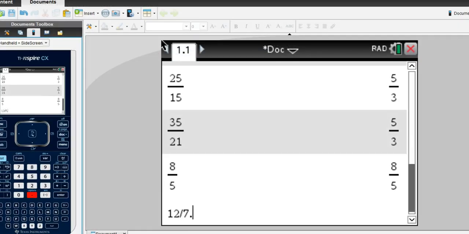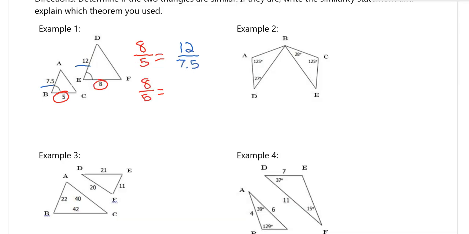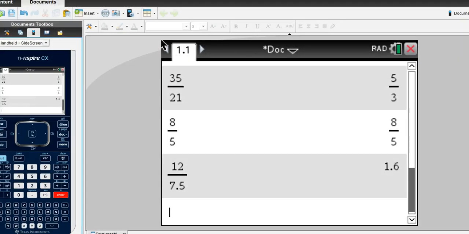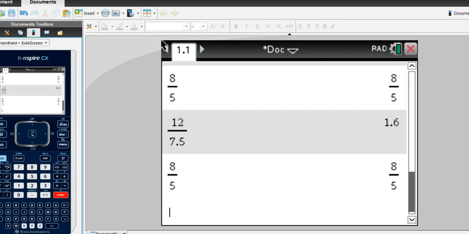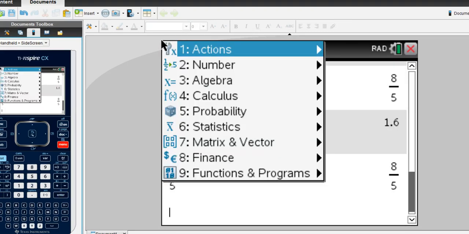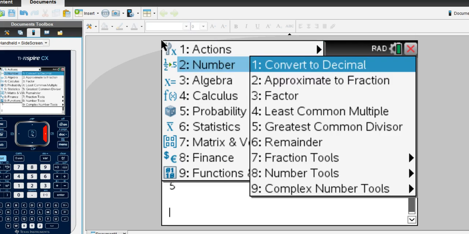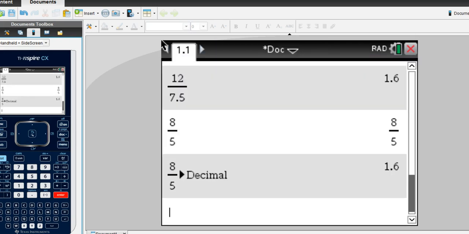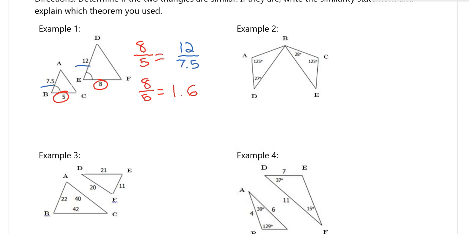Twelve divided by 7.5, I get 1.6. Well, one's a fraction, one's a decimal. So all I'm going to do is convert 8 divided by 5 to a decimal. I'm going to go to menu, number 2, convert to decimal. Oh, look at that. I get 1.6. So yes, that checks out.